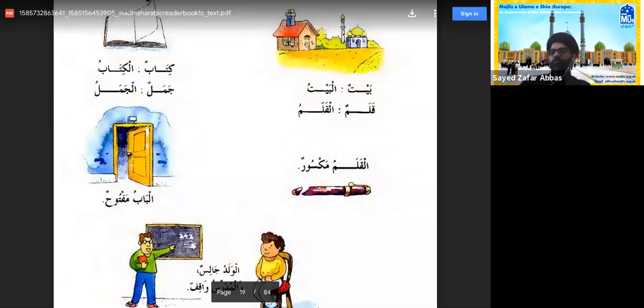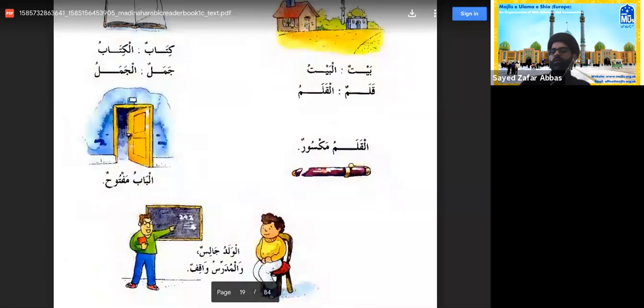So in each of these examples, you see the Alif Lam making it into a specific word. So Bayt refers to any house. That's Al-Bayt, a particular house. Similarly, Al-Qalam, particular pen. Al-Kitab, this specific book. Al-Jamal, this particular camel.